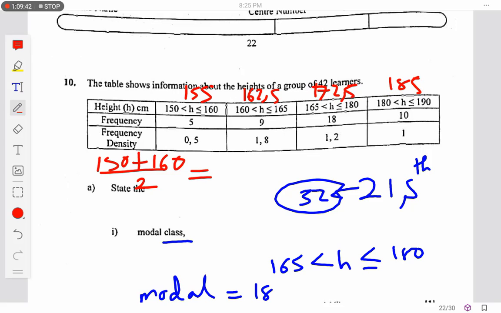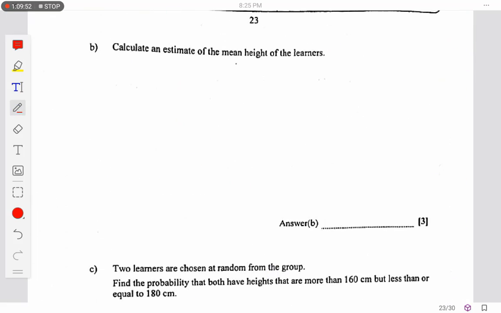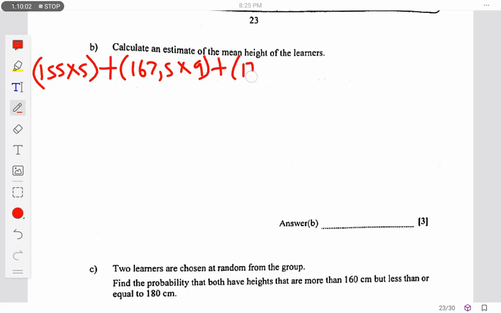Then you are going to say 155 times 5, the frequency, plus 162.5 times 9. Let me write it down so that we do it together. So we are saying 155 times 5 plus 162.5 times 9 plus 172.5 times 18 plus 185 times 10.